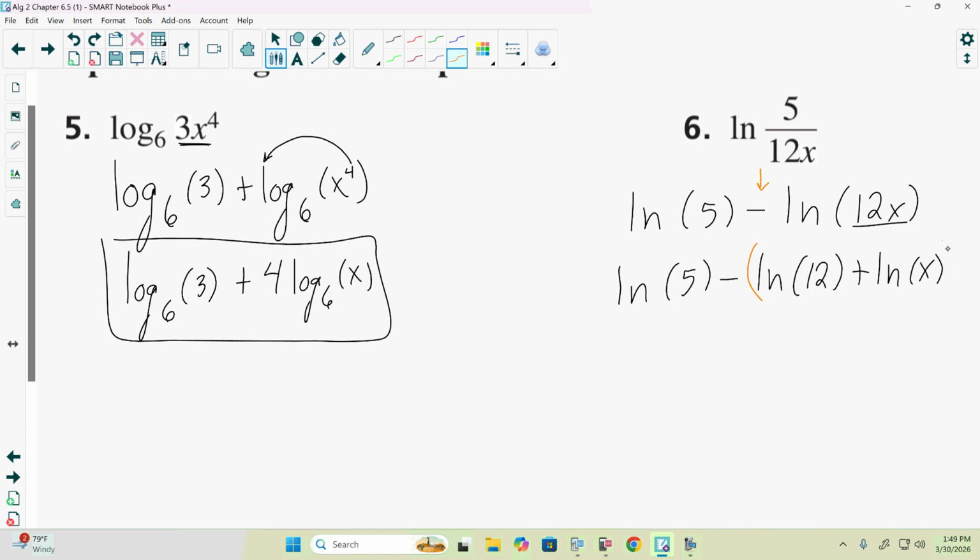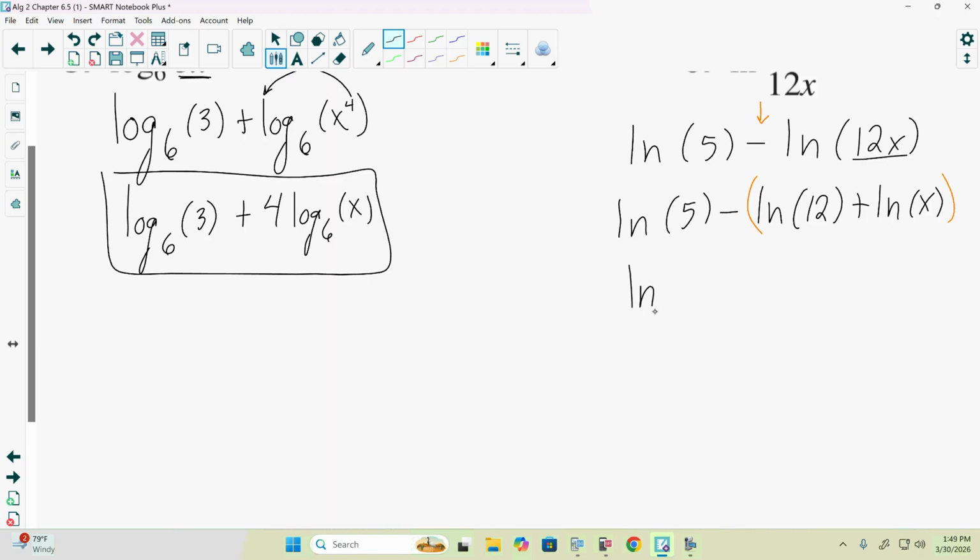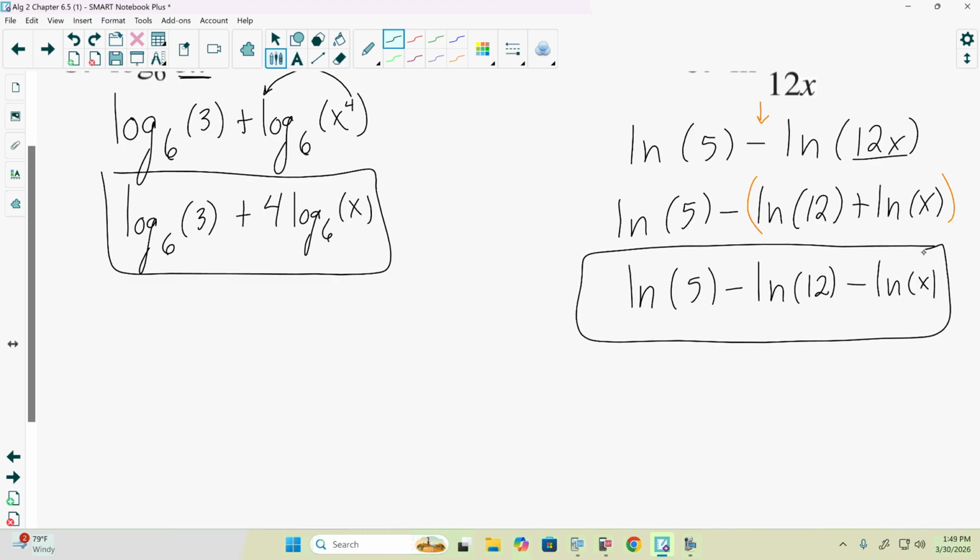So this one here, we do need those parentheses around it, because that negative is being applied to not only the natural log of 12, but it has to be applied to the natural log of x as well. Since 12 and x are both in the bottom of that fraction, when it's fully expanded, we know that they're both going to have a minus sign in front of them. Questions on this here? We feel good with this so far.